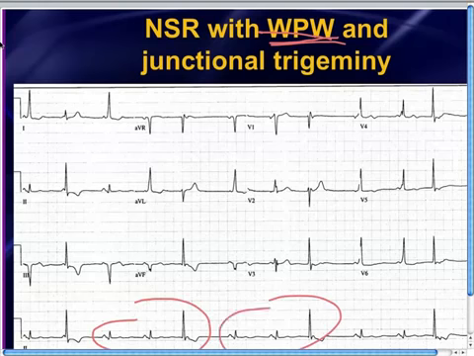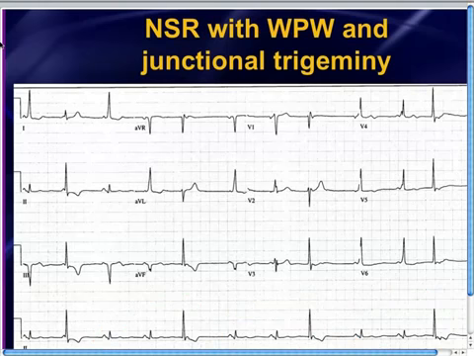There's a section, there's a section, there's a section, and so on. And then takeaway point number three. When you see a short PR, there's two things that cause short PRs. Sometimes junctional complexes can give you a P then QRS with a very short PR, and perhaps more commonly, short PR is associated with WPW.